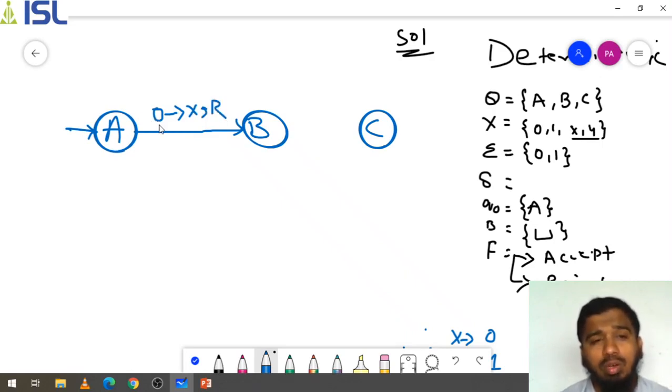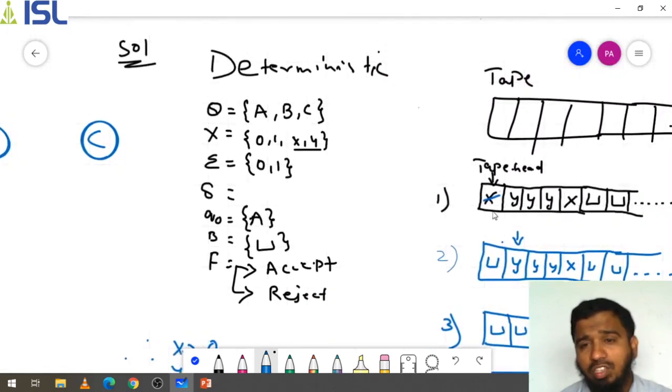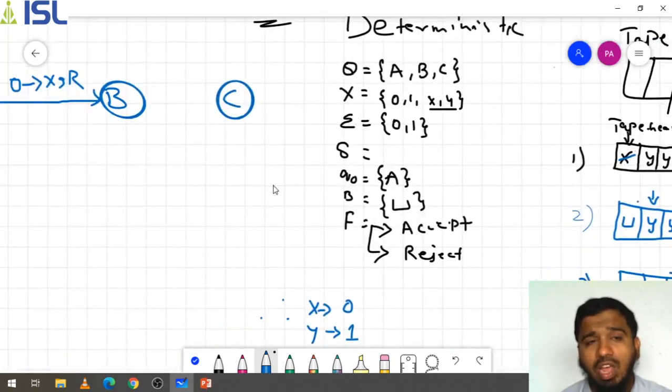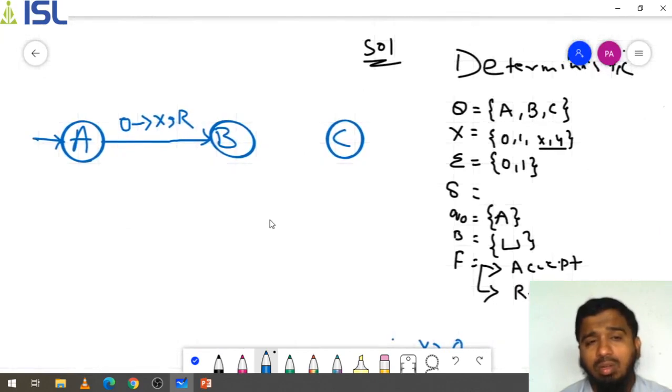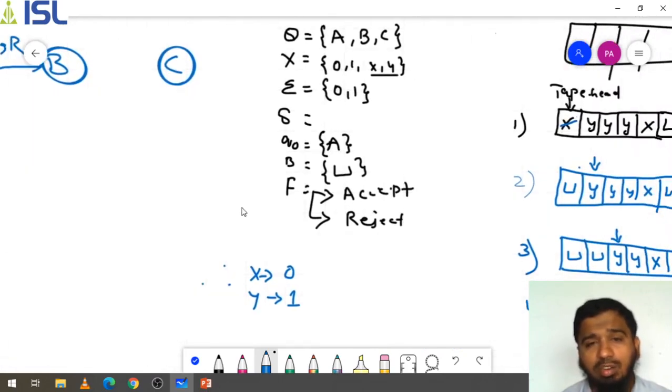So, what is this first one? Input, and it is changing to x. If it is x, then move to the right side. Okay. So, let us see here what we have done in the first step. In the first step, x is nothing but 0 and it is moving to the right side. So, next header is here, and here what is the value? That is empty. Or just you can write here x, y, y, y, z, x.